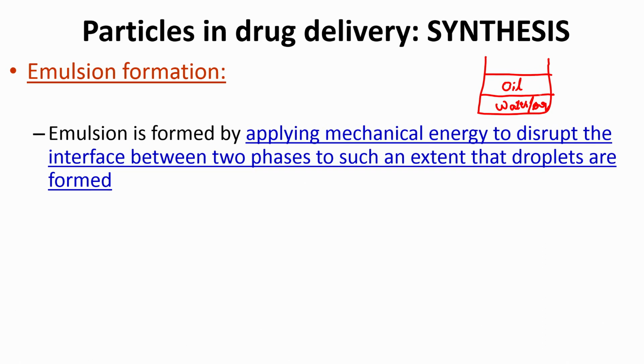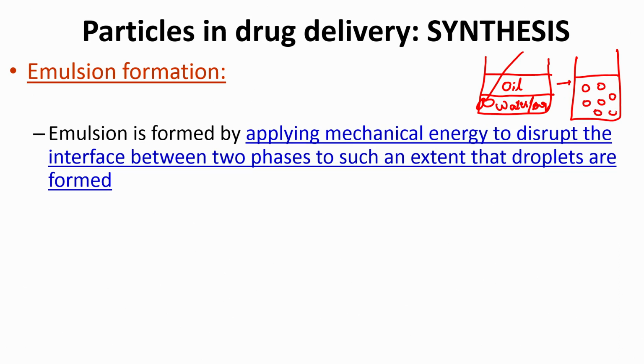However, what happens if I now come and give some energy to it? Because of this energy, I am forcing this oil and water to mix, but the oil and water do not really want to mix. So what will eventually happen is, instead of mixing, there will be a single phase, depending on which one is in the higher amount, water in excess or oil in excess, and the other phase, the oil or the water, will tend to form these droplets.